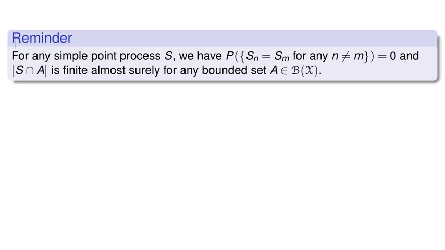Also, the number of points in S that intersect with any bounded set A, an element of script B of script X, denoted as the cardinality of S intersect A, is finite almost surely.